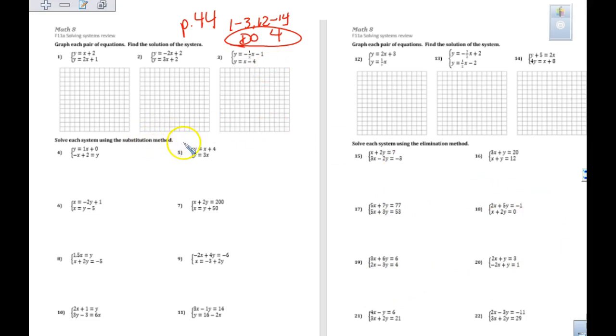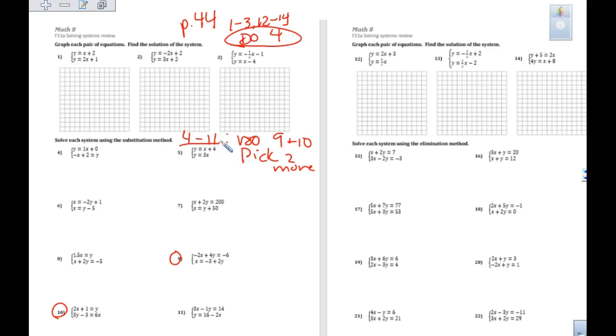In this next section, from 4 to 11, you need to do number 9 and 10. You must do 9 and 10, and then pick 2 more. And again, if you're struggling with the substitution, you might want to do more of those.